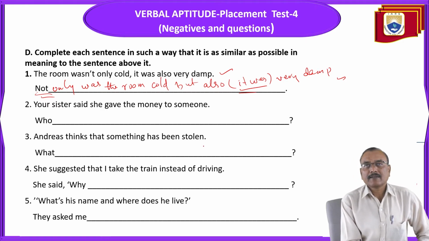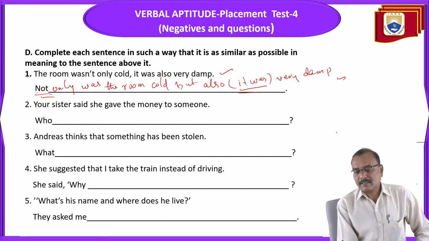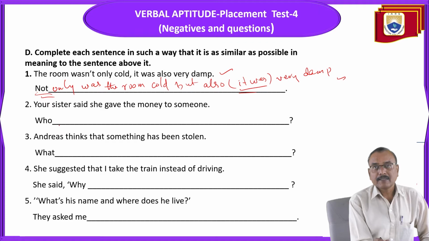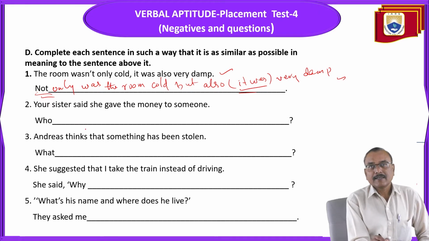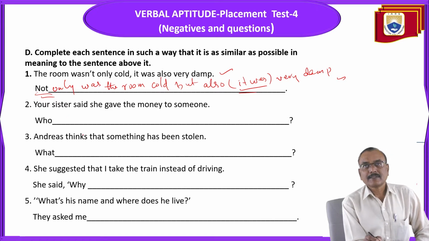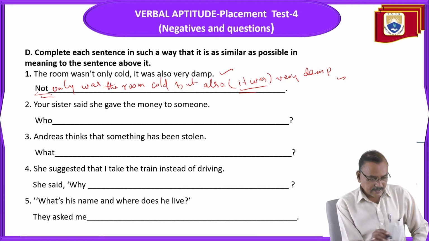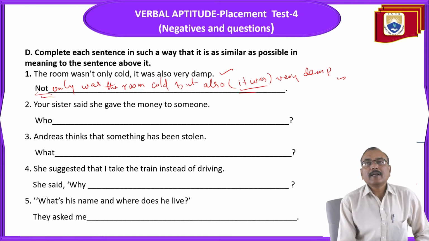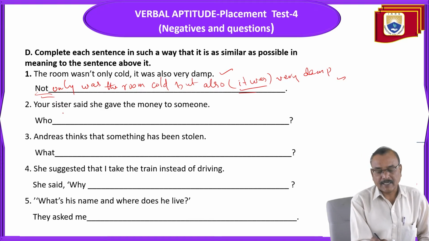So here it is in the question form. Right? So here, what is that? Rewrite the sentence like that. Who did she give? Who did she give the money? Who did she means your sister, right?